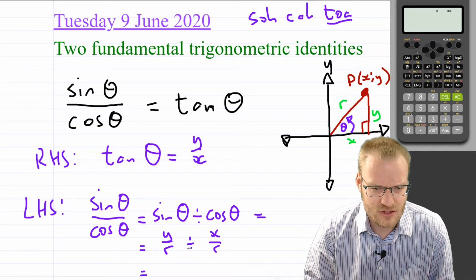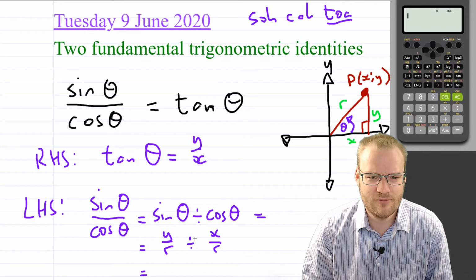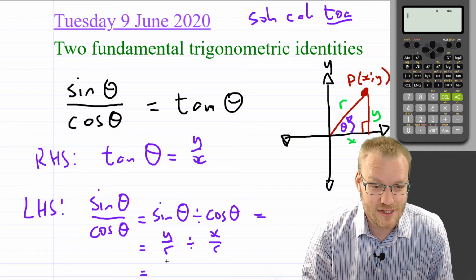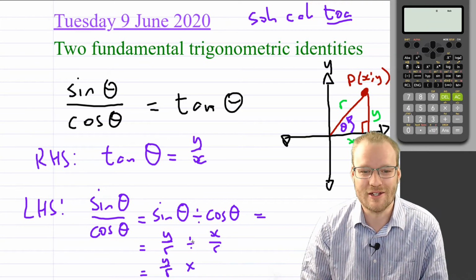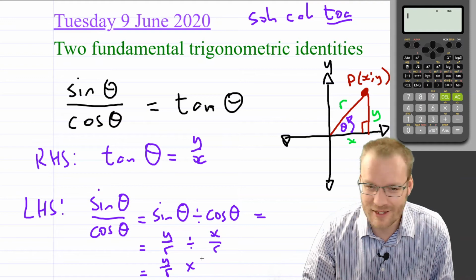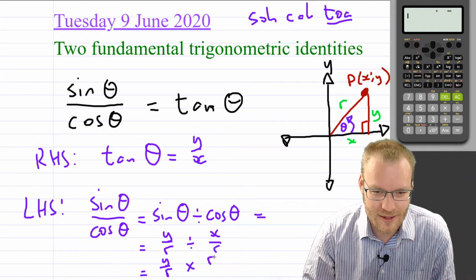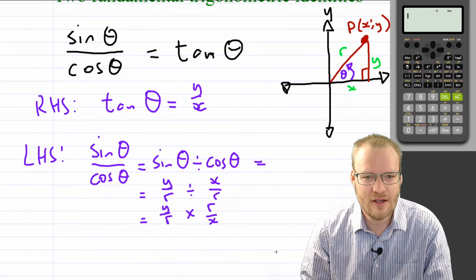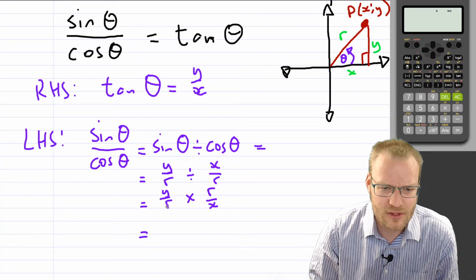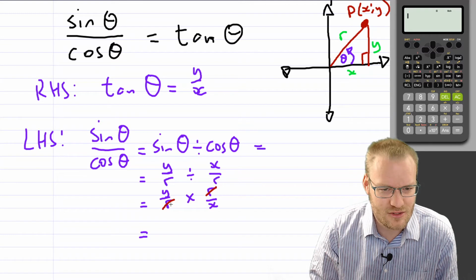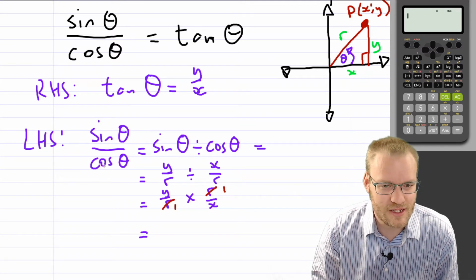Okay, let's do our tip and times, or keep, flip, switch, change, KFC, whichever way you remember. The point is, we know that to change division, we can just change it to multiplication. So it's y over r times r over x. And if we need to simplify that, we know that we can cross-cancel these. So r goes in there once and goes in there once.